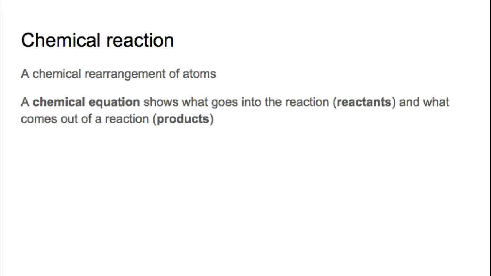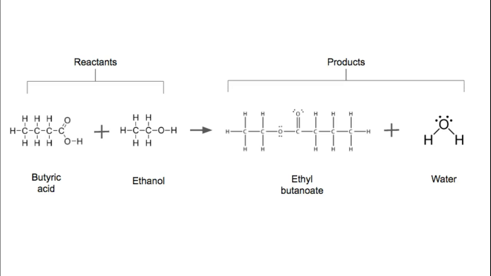You break some bonds and you make some bonds. That's a chemical reaction. Now, we do actually have something called a chemical equation that shows what happens during a chemical reaction. What you start with are called the reactants, and what comes out, or what you end with, are called the products.